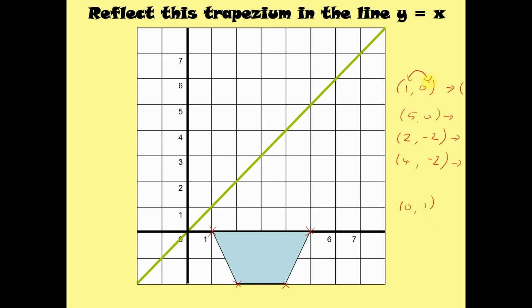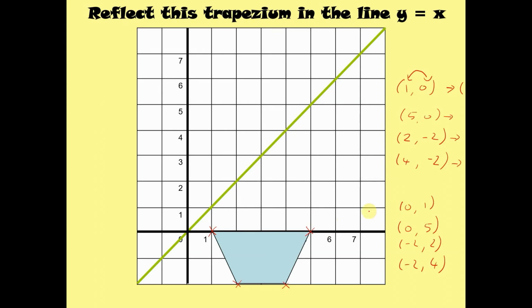We just changed their position, and that's how we find the new coordinates of the reflected image. The next one is 0, 5. Next we have 2, minus 2, so changing their position, minus 2, 2. The last one, 4, minus 2, changes to minus 2, 4. So these are the points that we need to plot in order to find the reflected image.